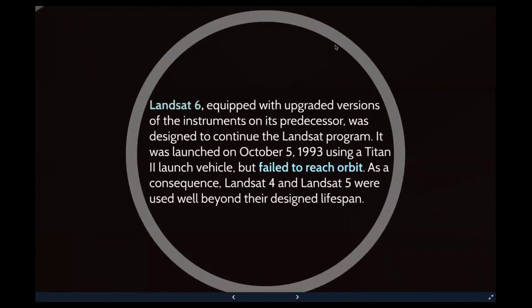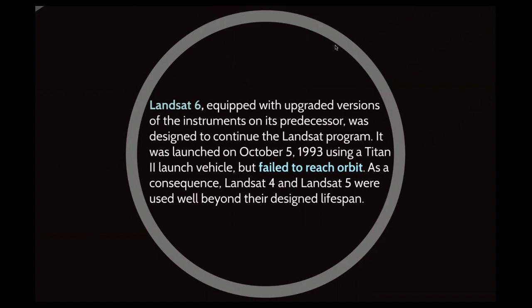So what happened with Landsat 6 is that there has never been a Landsat 6, because it failed to reach orbit. I believe I was reading about it; it was somewhere in the Atlantic Ocean. So when you search for data, Landsat 6 won't be available.